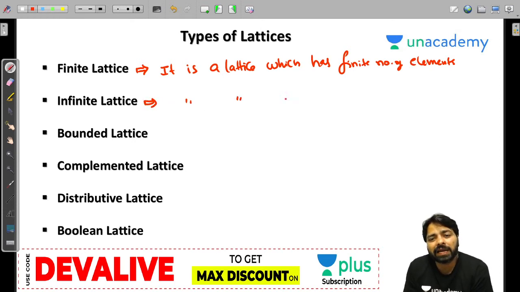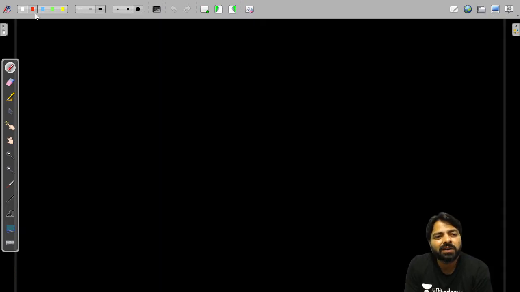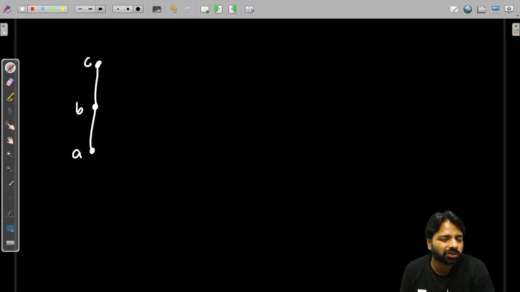It is also a lattice which has an infinite number of elements. How is that possible? Just look at it quickly. When somebody draws this, it is a lattice. For every two elements you will find meet and join. So this is a lattice, but it is finite.